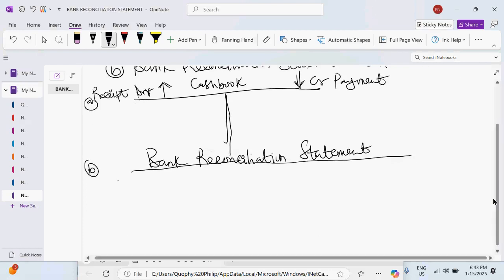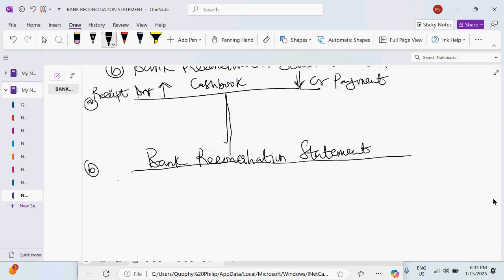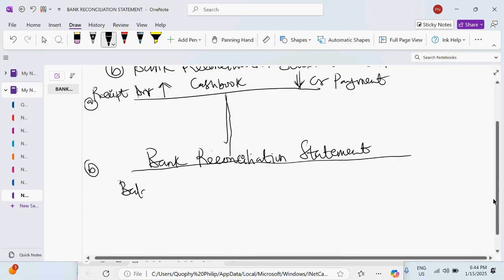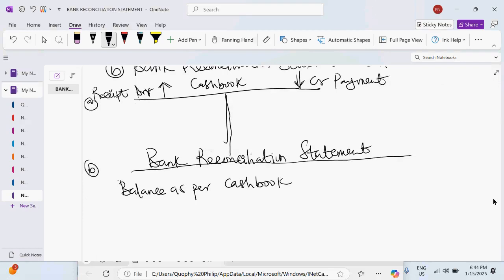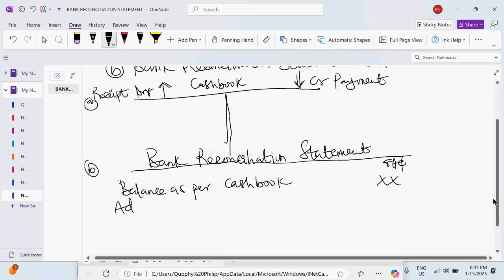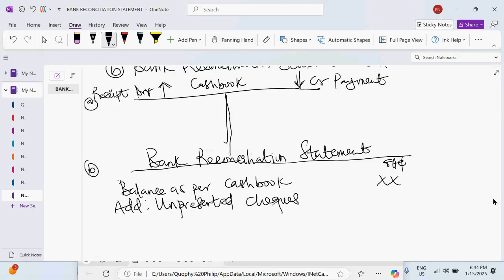We said we start with the balance as per the cash book. So the balance as per the cash book, and then any unpresented checks will be added, right? And we gave the meaning of unpresented checks. Any unpresented checks should be added.